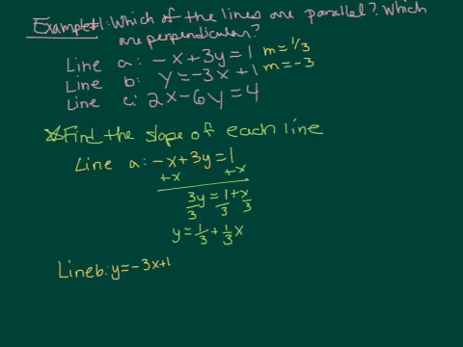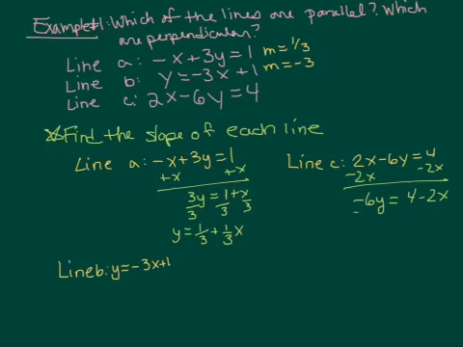The last one, line C, does require a little bit more work than B. So you're going to take this one, write it in slope-intercept form, use the way that you learned in the previous lesson from a few chapters ago where you had to solve for y. You're going to divide everything by -6.